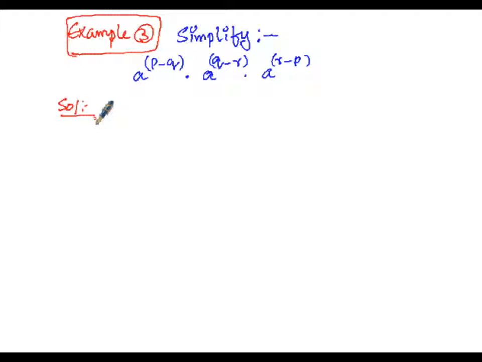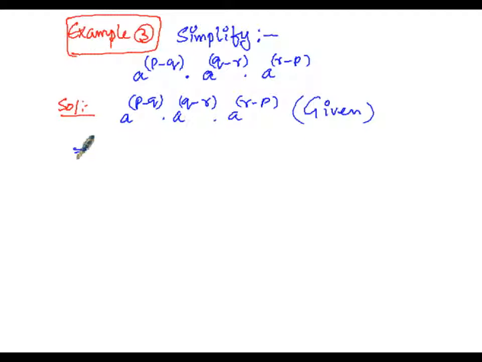A power p minus q into a power q minus r into a power r minus p is given for us. Then that implies, so here bases are the same, a, and the symbol in between is into. We can add up all the exponents. So here p minus q plus q minus r plus r minus p.